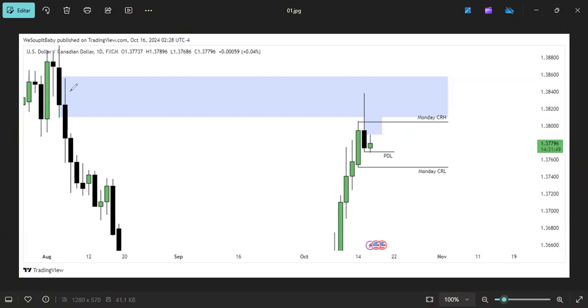As you can see here, this was a volume imbalance on a daily time frame. The Monday candle was near the volume imbalance, but it didn't really tap into it. Then we waited for the Tuesday candle to sweep the Monday candle.